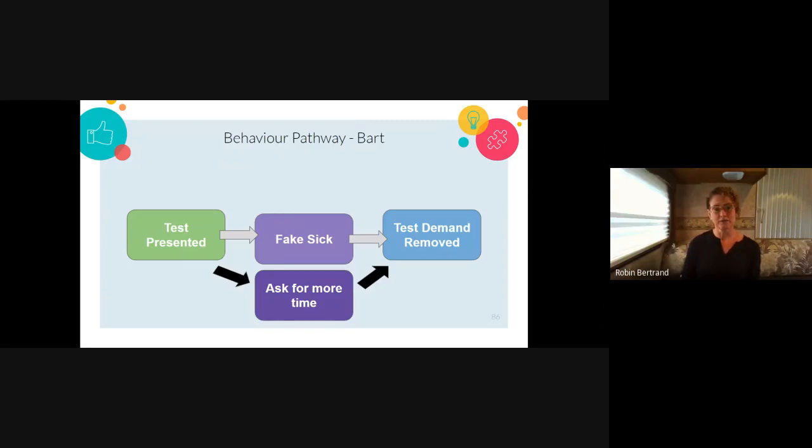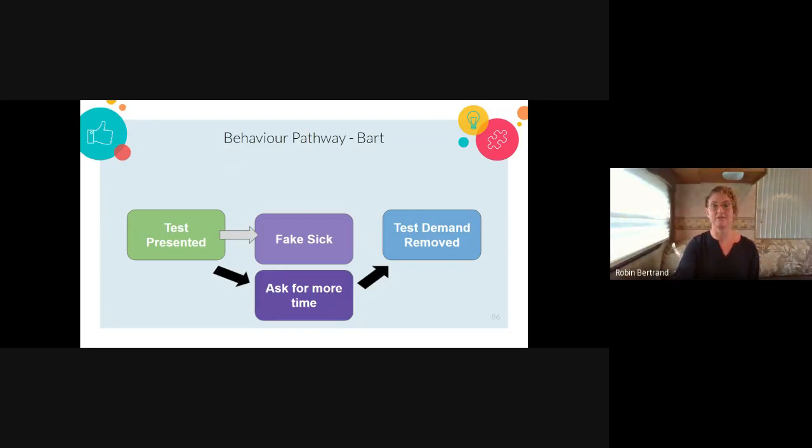Finally, for the new skill to become the preferred response, the link between the problem behavior and the reinforcement can be broken using a strategy called extinction. So if you look at our ABC model here, test presented, faking sick, let's remove the arrow between faking sick and the test demand being removed.